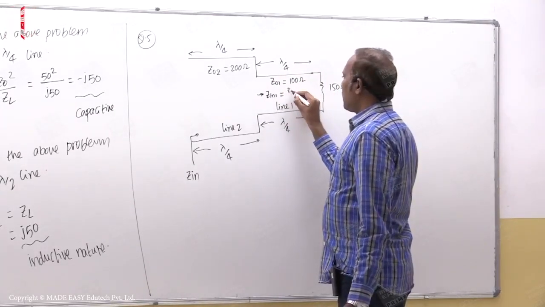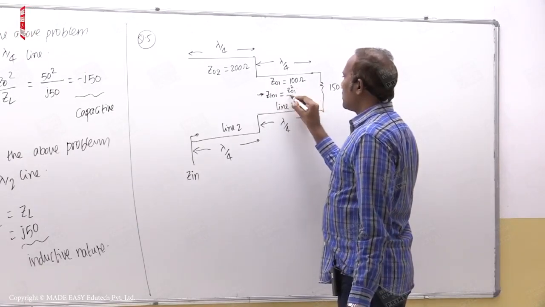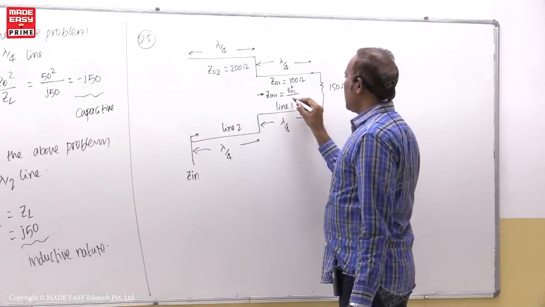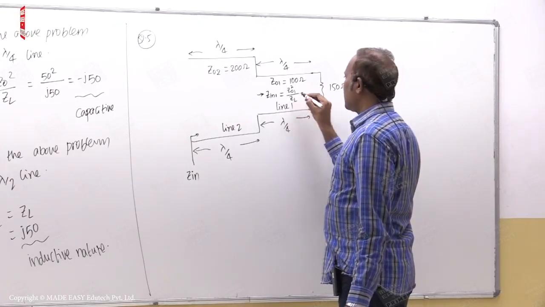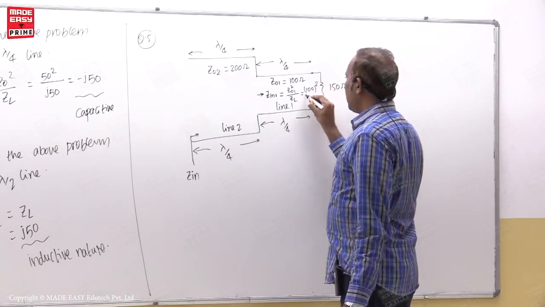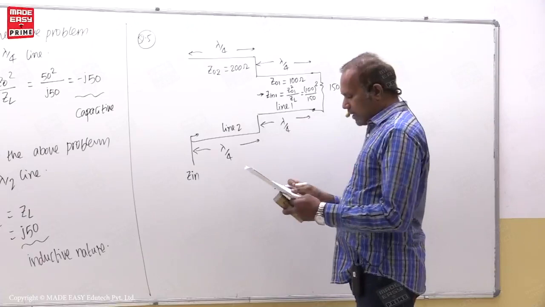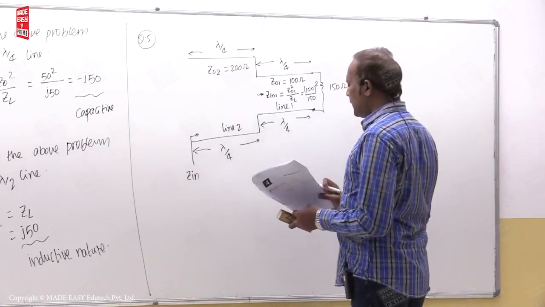For lambda by 4 line, input impedance is equal to characteristic impedance whole square, that is Z01 whole square divided by ZL of this. So Z01 whole square means 100 square divided by 150.